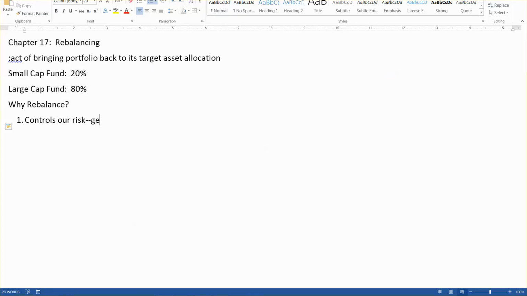It gets our risk back to what we decided we could handle when we first decided on our initial asset allocation, to levels we thought were satisfactory when we chose our target asset allocation.